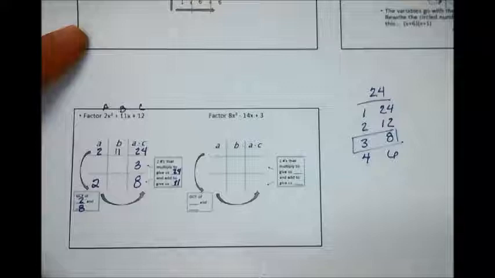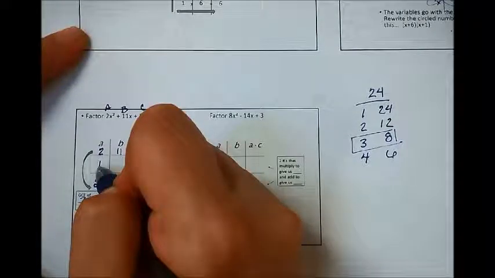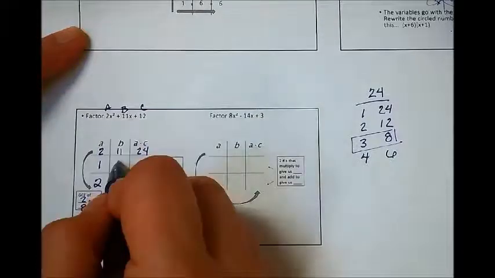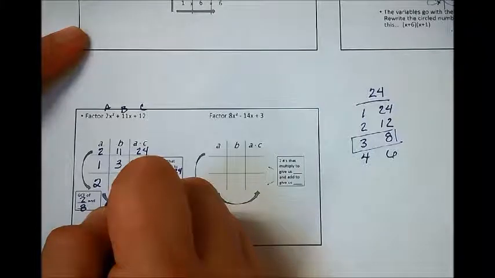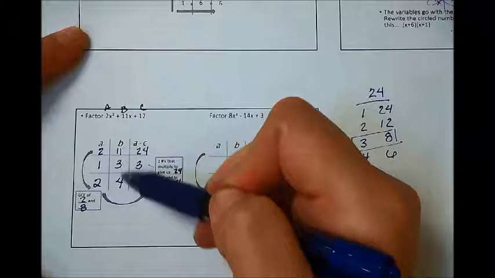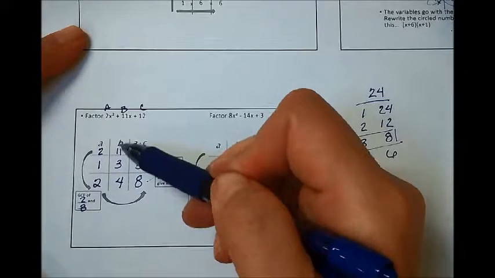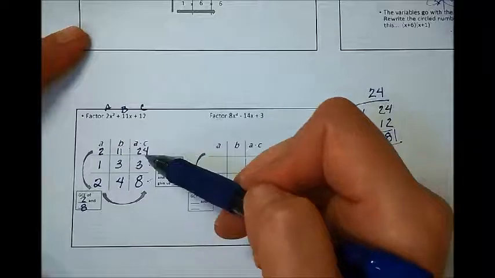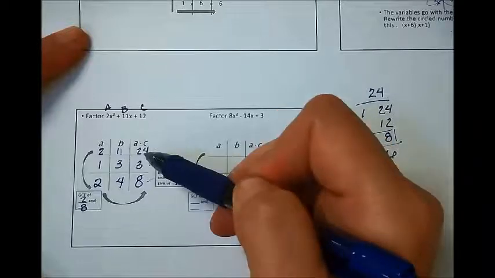Then we multiply up. 2 times 1 is 2. Then we multiply across. 1 times 3 is 3. 2 times 4 is 8. This column doesn't matter. The numbers in this column, we don't care what they do to each other. This column has to add to 11 and multiply to 24.